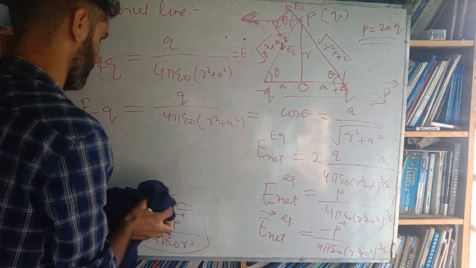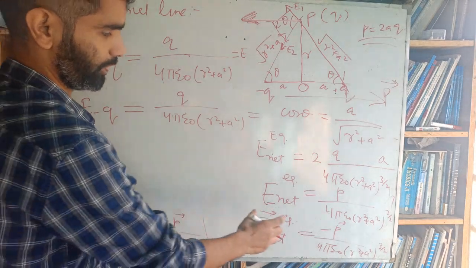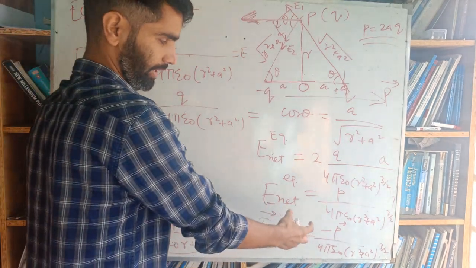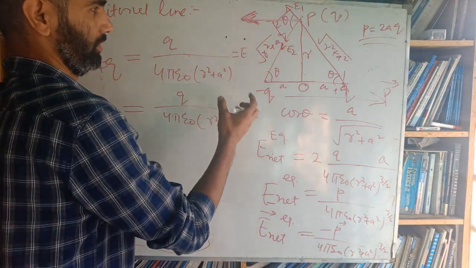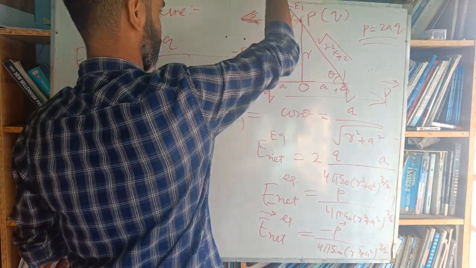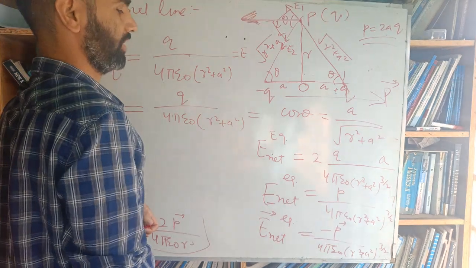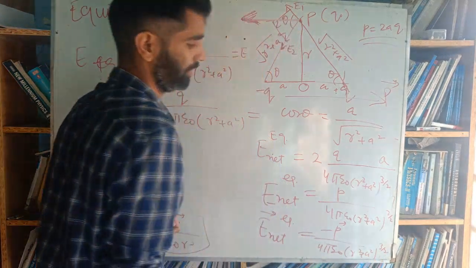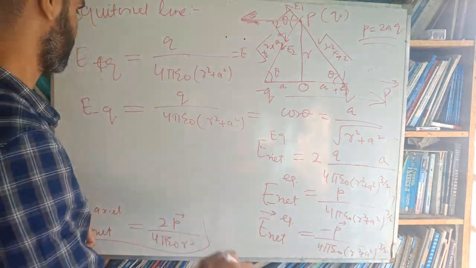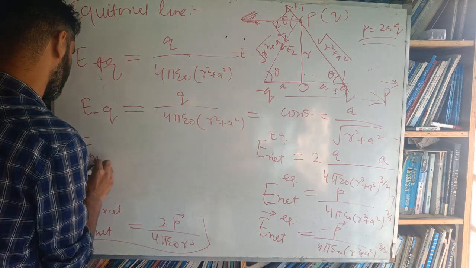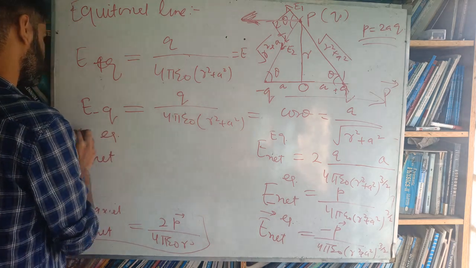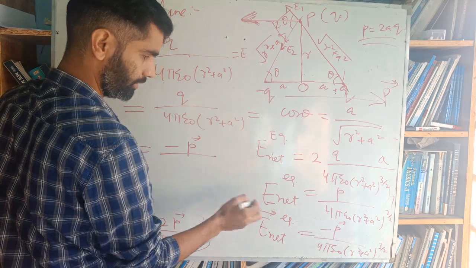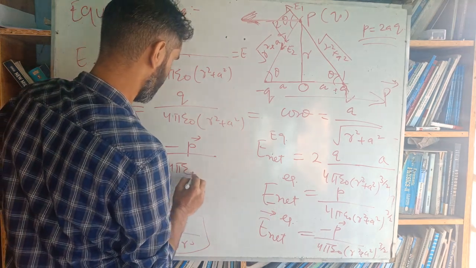Now let us see the special case, what will be the electric field intensity when the dipole is very short, or this point P is far away from the center of the dipole. In that case, again r square plus a square will be approximately equal to r square. So E net equatorial will be minus p over 4 pi epsilon naught.